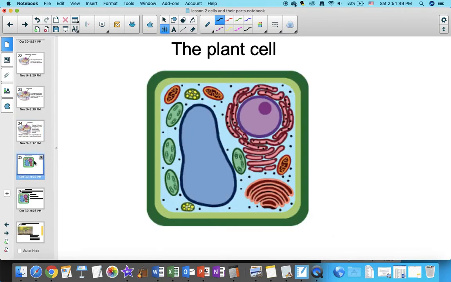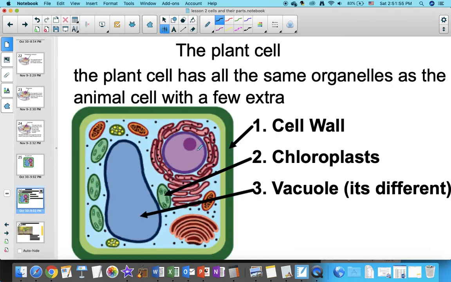The plant cell has all of these things and more. So we're going to talk about some of the differences you may notice. The 3 big differences we see with a plant cell is that they also have 3 different organelles. Now one of them may sound the exact same, we see vacuole, but it functions a little differently.